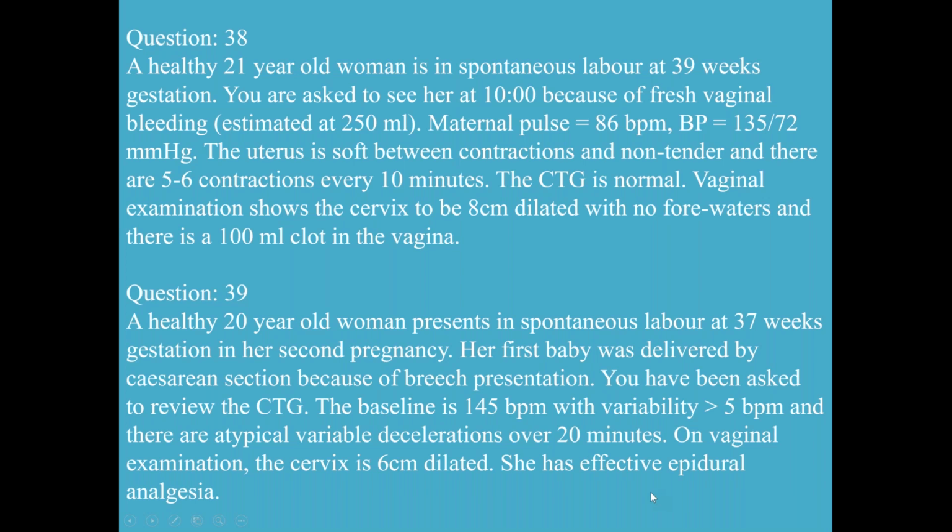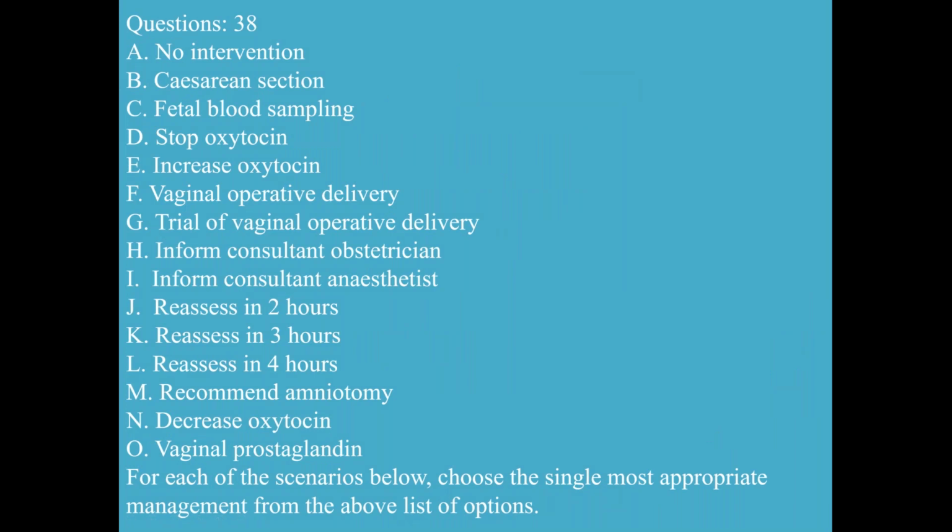So there are atypical variable decelerations over 20 minutes. Can I have a look at the options? Fetal scalp sampling, blood sampling, or reassess in 2 hours.